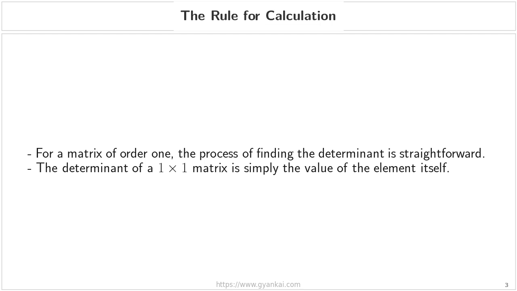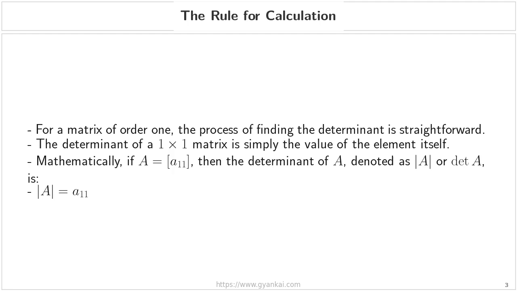The determinant of a 1-by-1 matrix is simply the value of the element itself. To put this into mathematical terms, if we have a matrix A, represented by a capital A with square brackets containing a lowercase a sub 1-1, then the determinant of A, which we can denote using vertical bars as the absolute value of A or as det A, is simply equal to a sub 1-1. In short, the value inside the brackets is your answer.